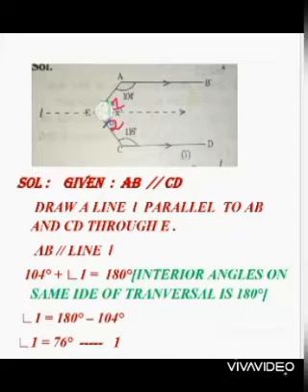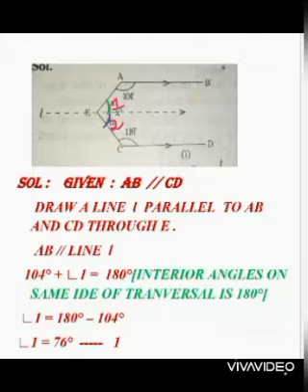Okay. Now let us name this one as angle 1 and this as angle 2. Now to find out the measure of angle 1, first let us consider AB. Line AB is parallel to line L. So what do you observe here, children?